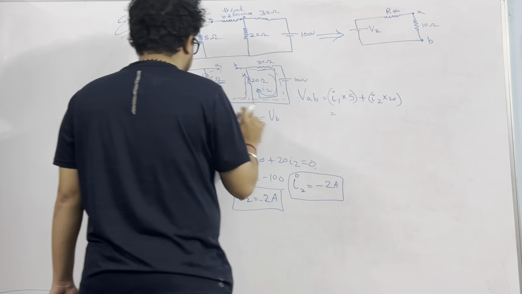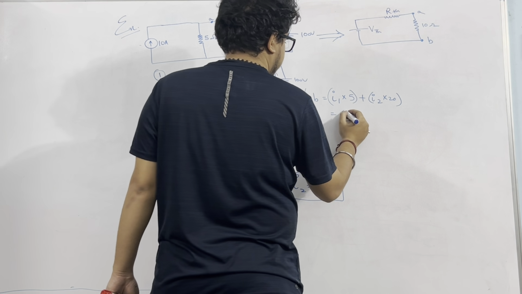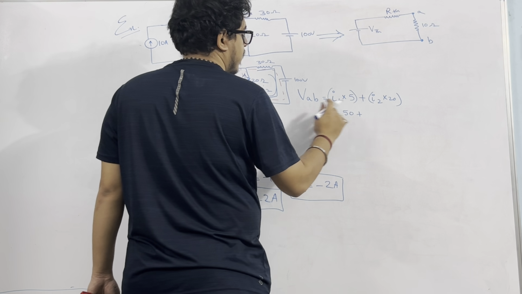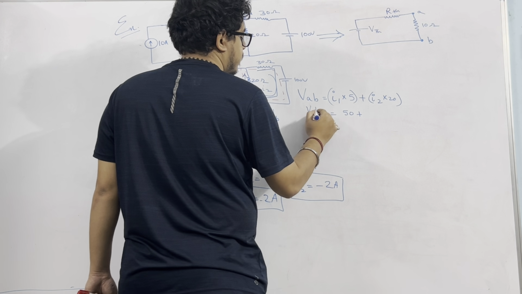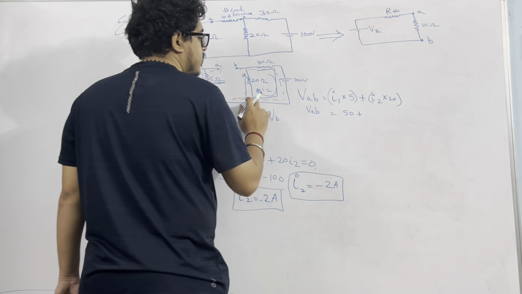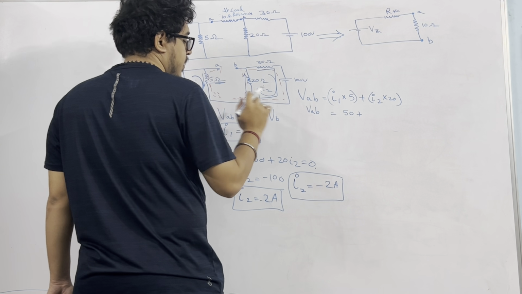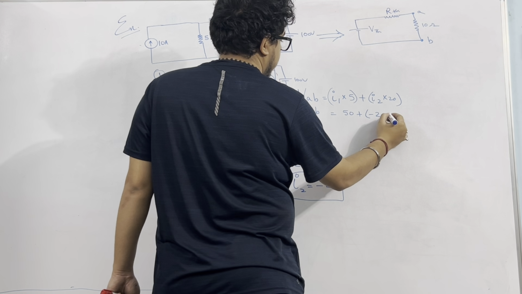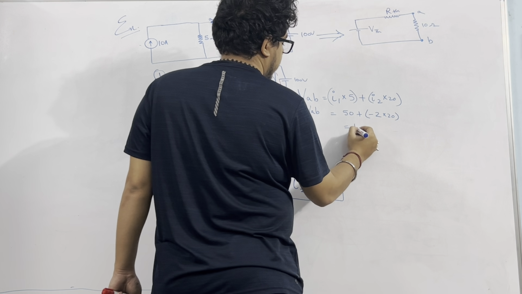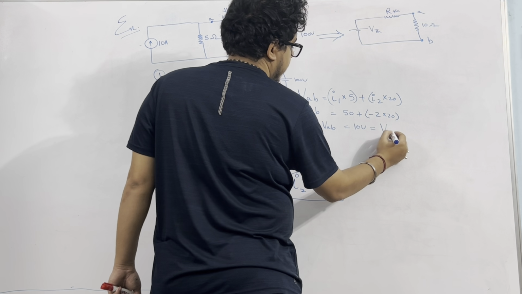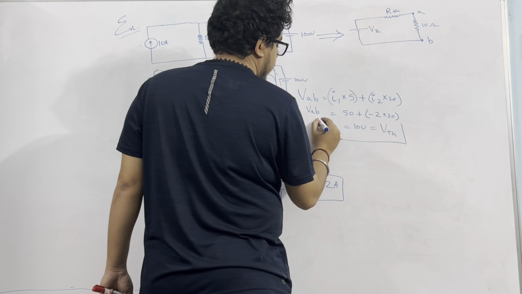The value of I1 is 10 amperes, so 10 into 5, plus I2, which is minus 2 amperes, minus 2 into 20, equal to 10 volts. So VAB equal to VTH equal to 10 volts.